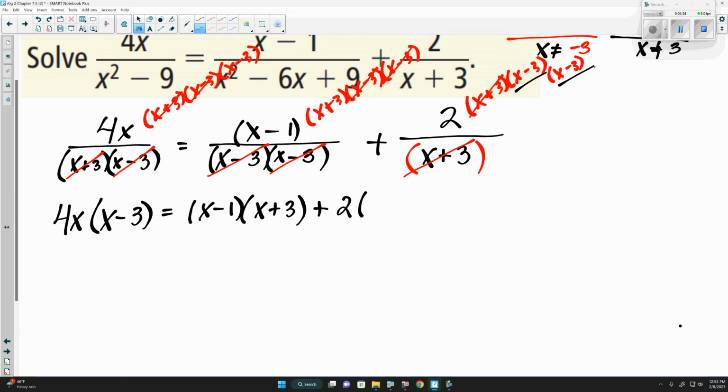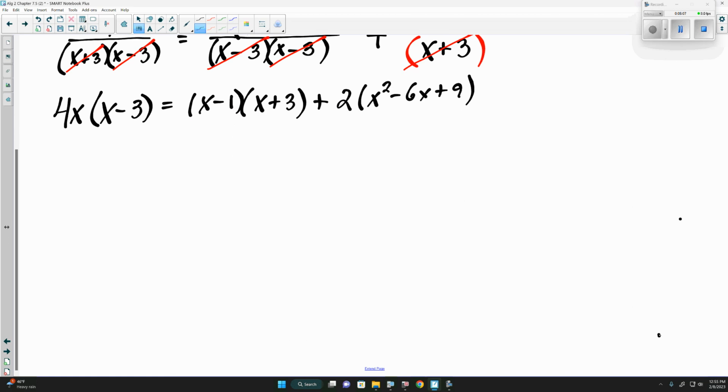Where do we get x minus 3 and x minus 3 from? x squared minus 6x plus 9, yes? So we could put x minus 3 times x minus 3, or we can put it back in as x squared minus 6x plus 9. We can replace it back in there instead of having to multiply those together and then simplify down. Makes it a little bit easier in solving.